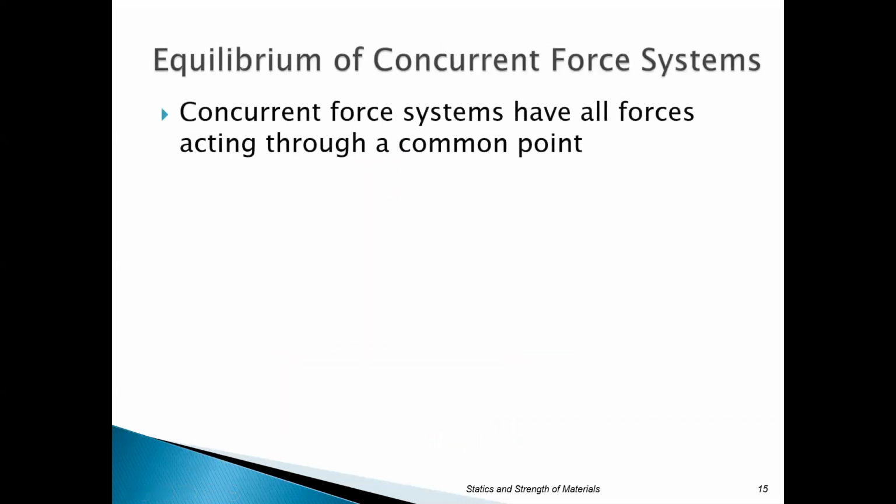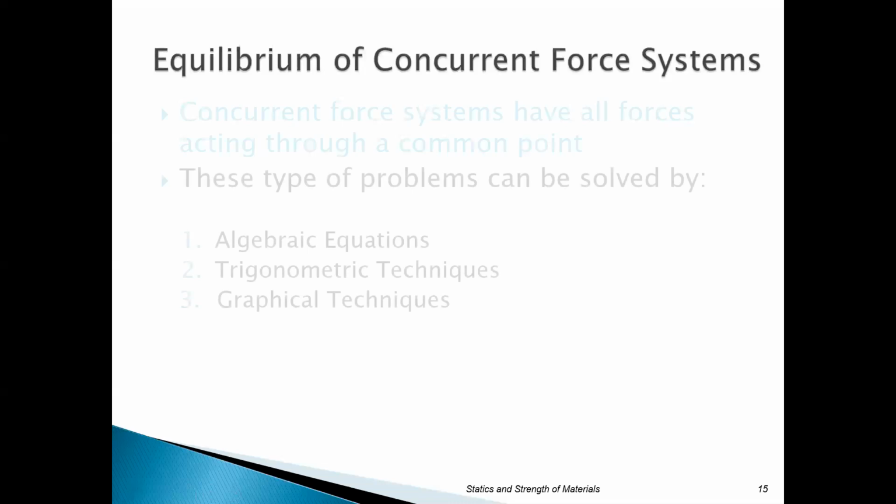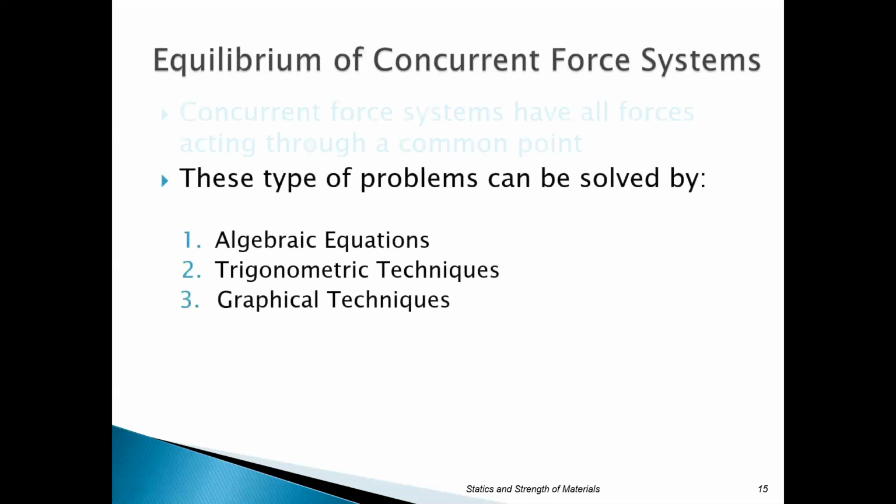All right, so concurrent force systems, we spend a bit of time with that. The cable problems were concurrent force systems. They can be typically solved with algebraic equations, which may be a little messier, but I think they're fairly foolproof. Then you have the trigonometric techniques. As long as you get your vectors stacked correctly, this works pretty effectively.